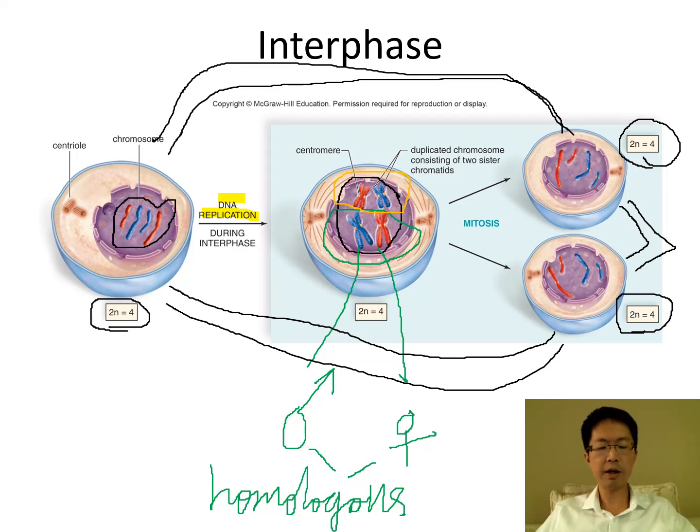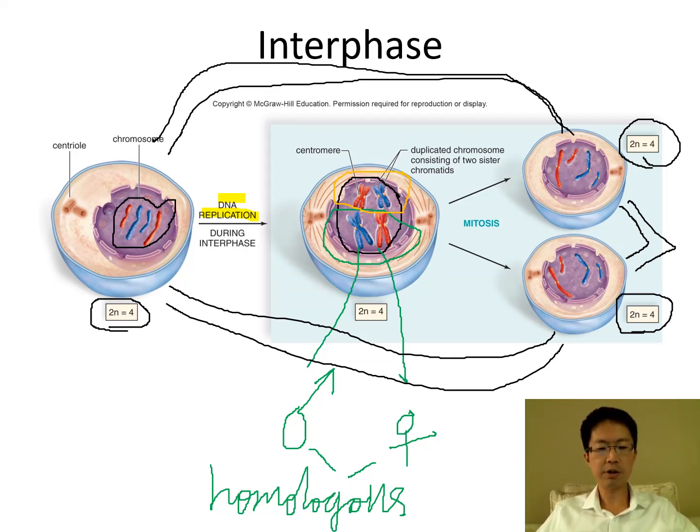One is that the chromosome number is the same. So if at the beginning of mitosis you have 4 chromosomes, at the end of mitosis you also have 4 chromosomes. And the daughter cells are identical with the mother cell, and also identical with each other. And then the third point is that in mitosis one mother cell will become 2 daughter cells.